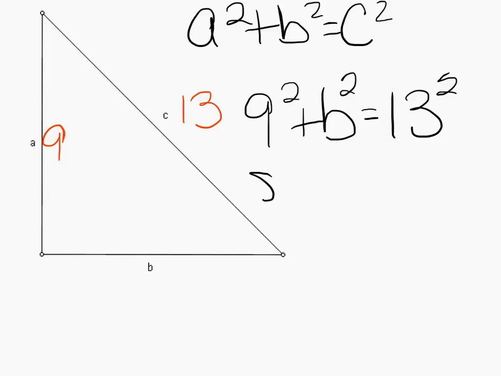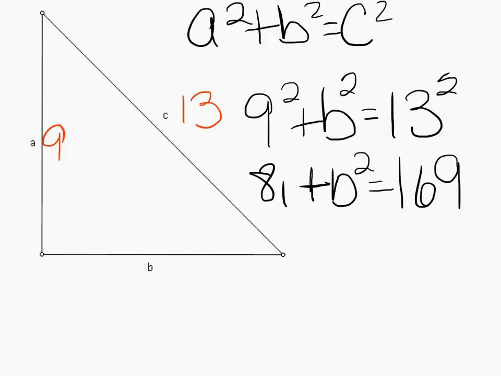What's 9 squared? 81. So now we have 81 plus b squared equals 13 squared, which is what? 169. So now this is how we solve a one variable equation. We just need to separate the numbers from the variables. So we're going to subtract 81 from both sides because it's our inverse operation.